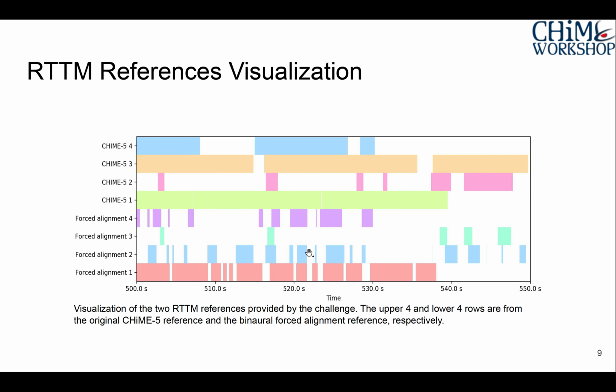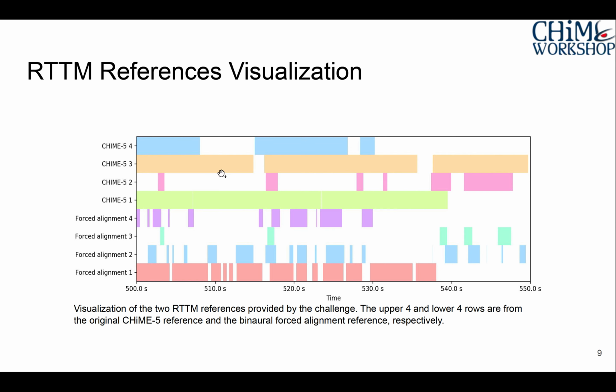The reason is that the forced alignment is at the word level, so each duration represents a word. If the pauses between the words are longer than 300 milliseconds, then we regard it as silence, or you can call it non-speech. However, in the original CHiME 5 reference, we just regard it as a speech region.